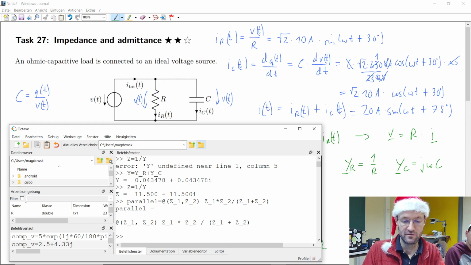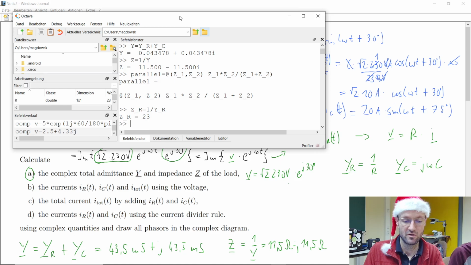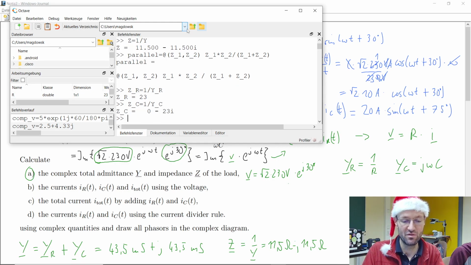And if I rewrite the YR into a ZR, the ZR should be just the resistance, 23 ohm, and the ZZ is 1 over jZ, which should be minus j 23 ohm, because 1 over j is the same as minus j.